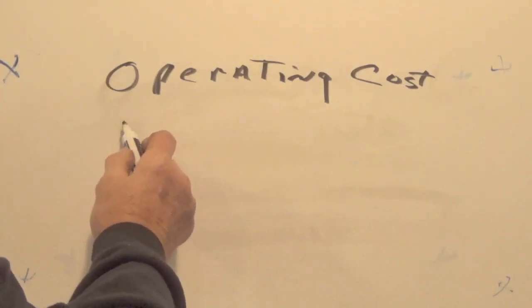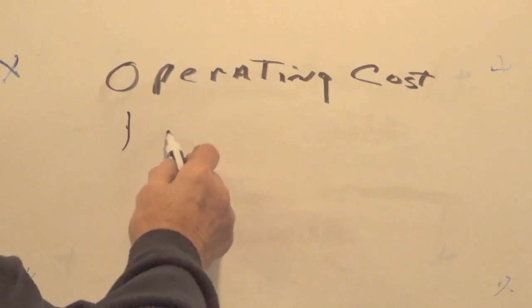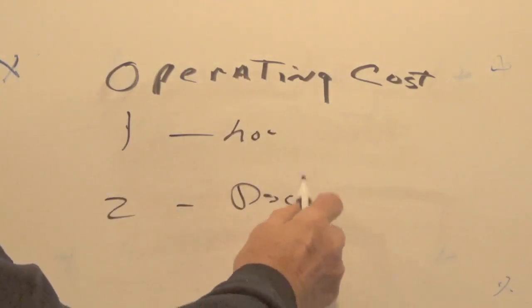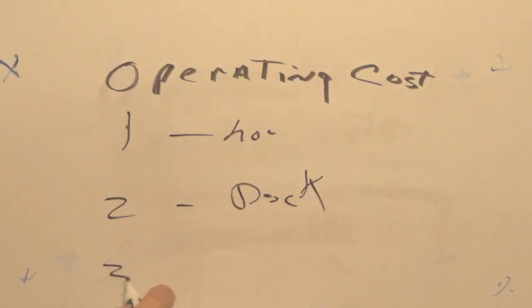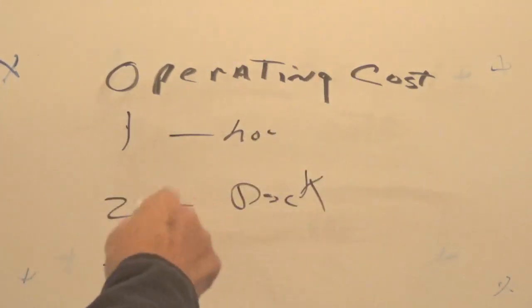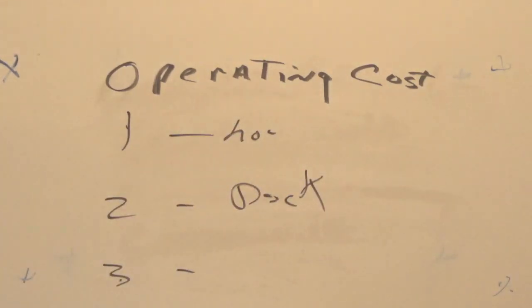Let's say job number 1 is a house I'm doing, job number 2 is a deck I'm doing, job number 3 is something else. So you use this number system, and you can develop a good system to figure out the historical data for operating costs. You can do this with labor, service, anything.